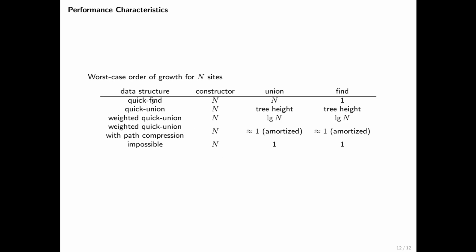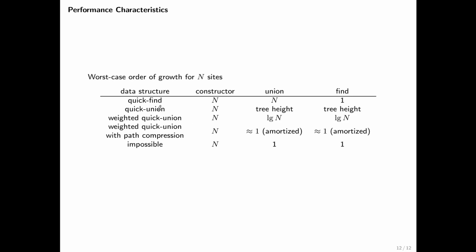With all the implementations, it's clear that the constructor takes linear time because you have to set up those arrays of size capital N. What about the union method in quick find? Well, there we had to traverse that array called ID, which had a size n, so the union operation is linear. Whereas the find operation just involved array access, so that was constant.